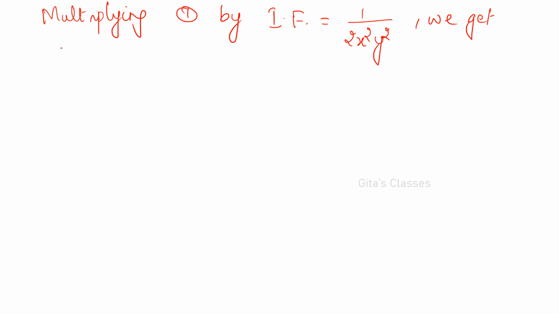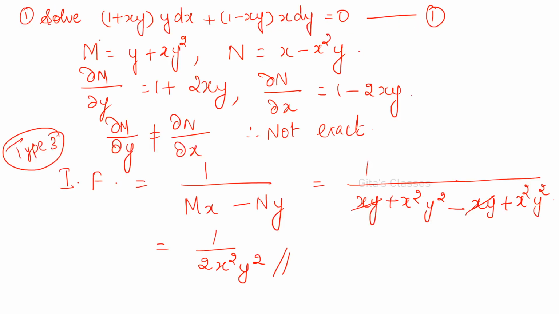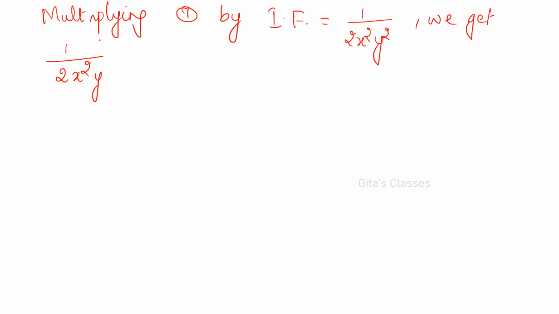If you simplify, you will be getting y plus xy squared, so y will get cancelled, so 1 by 2x squared y.